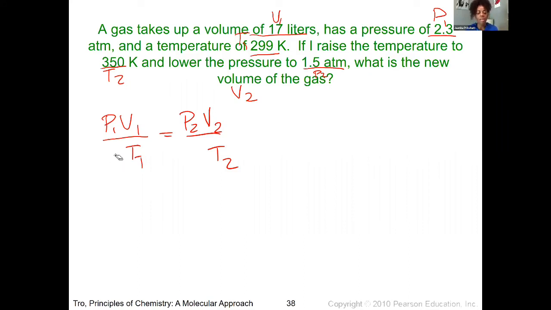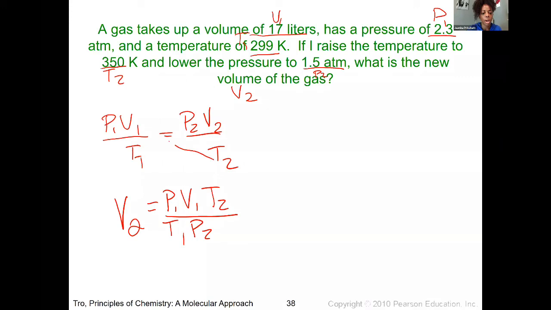We do a quick scan of all of the units and they look to be appropriate. So we get ready to just go ahead and rearrange. So our volume V2 would be equal to P1 V1 times T2 divided by T1 times P2. So again, all I'm doing to solve for V2, I'm bringing that up, bringing that down to isolate our volume.